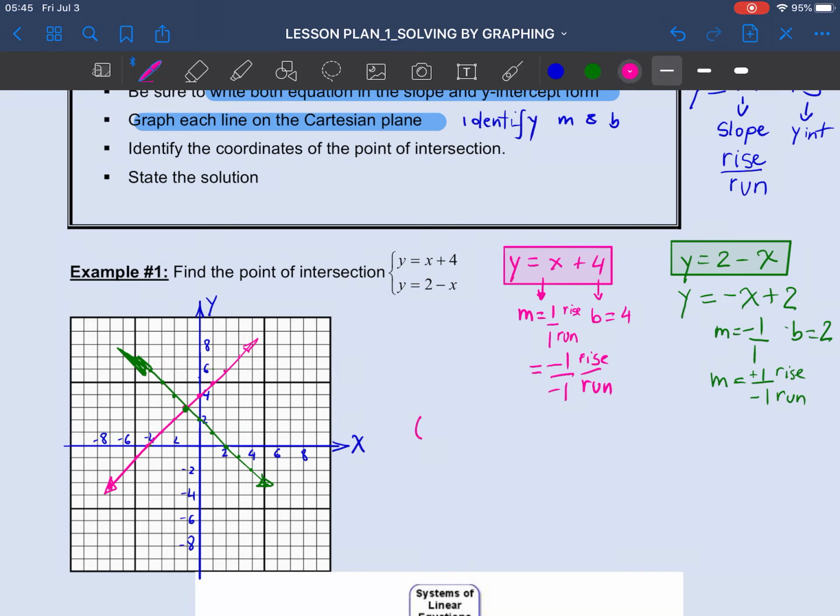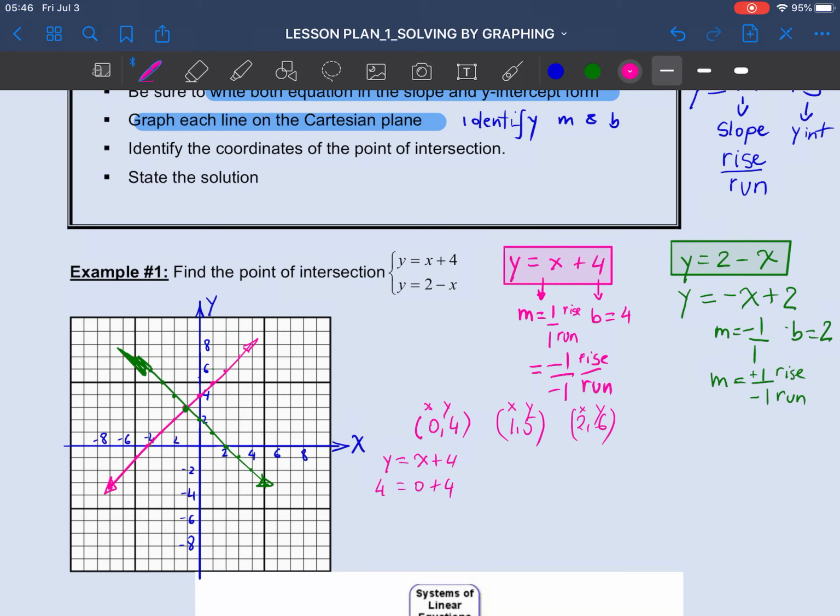So what I'm going to do is write the coordinates 0, 4. Or the next point, we said 1, 5. These are all points on the pink line, 2, 6. If you substitute these points into the equation, remember each point represents an x and a y, right? Then we will have, for y equals x plus 4, x equals 0, y equals 4.